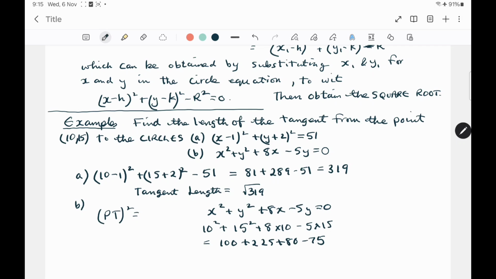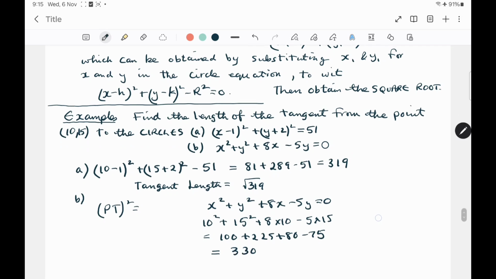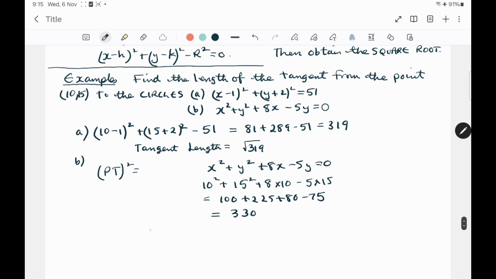And that comes to 330. Okay, so PT will equal square root 330. That finishes that.